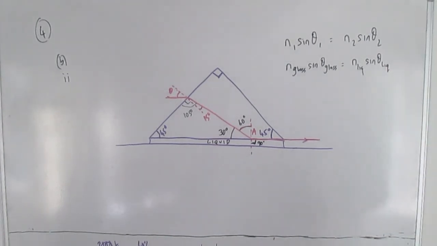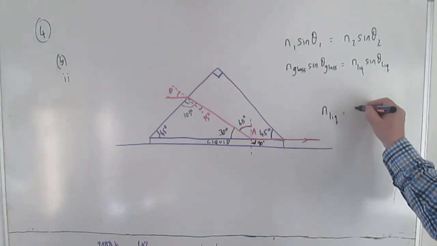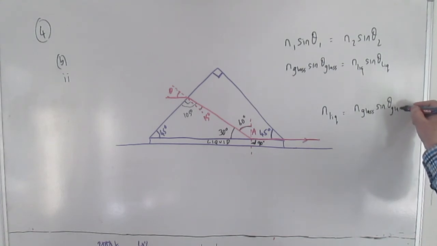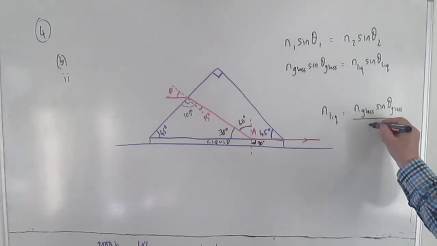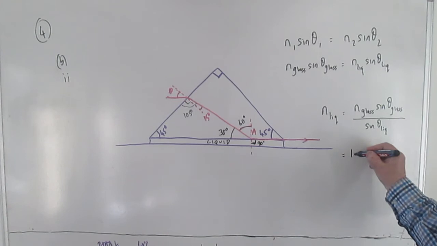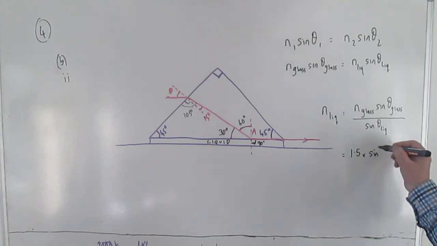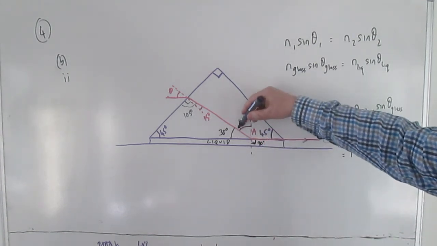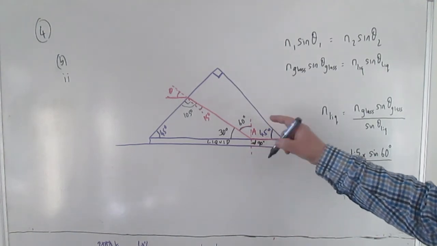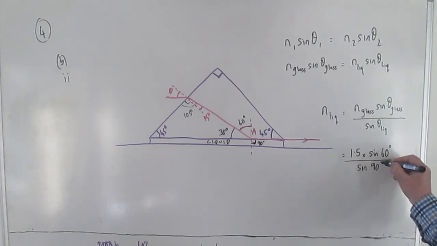So the first job is that we can rearrange that to get that n in the liquid is equal to n in the glass times sine theta in the glass divided by sine of theta in the liquid, which is equal to 1.5, the refractive index of the glass, times sine of 60 degrees, because that's the angle of incidence, divided by the sine of the refracted angle, so divided by sine of 90 degrees.